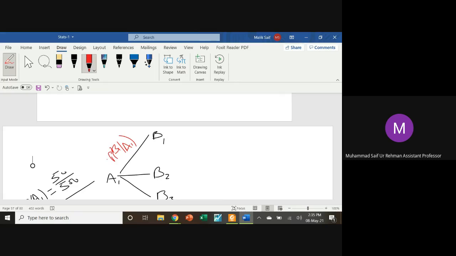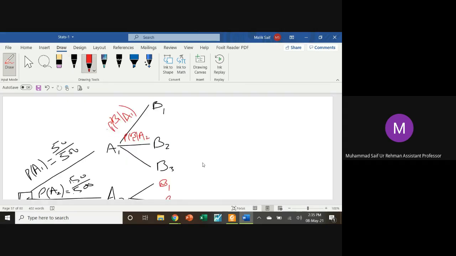Similarly, over here you write down probability of B2 given A1. Similarly, here you write down probability of B3 given A1. It is A1, not A2. This is A1. Like this. Close the braces.